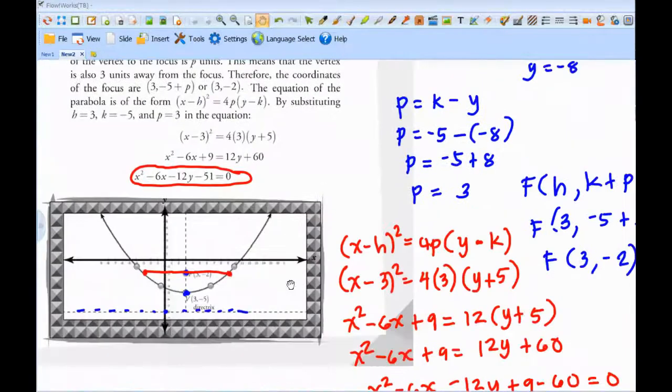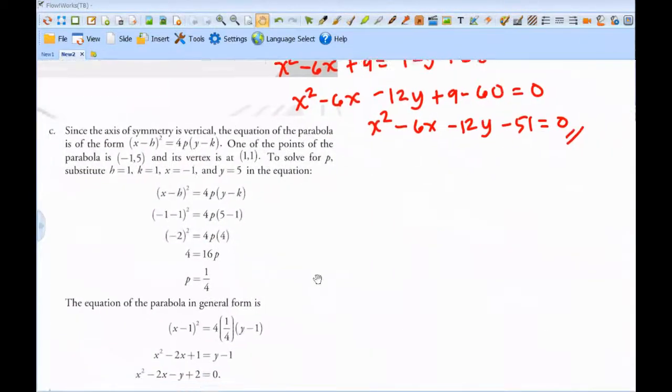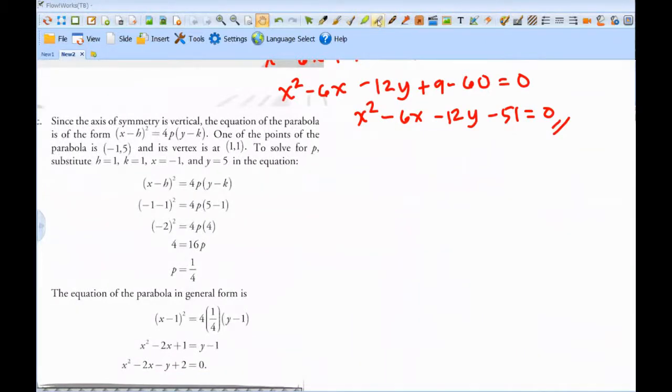So the vertex 1, 1 is our H and K, right? And then the parabola passes through the point negative 1, 5, so we have X and Y. So it's just a simple substitution into our formula.